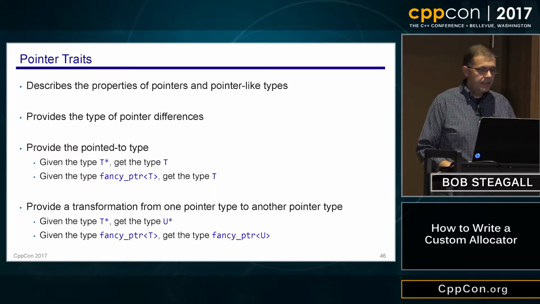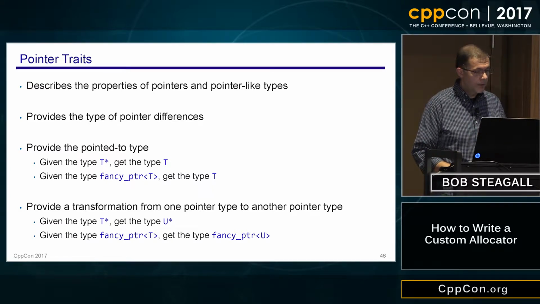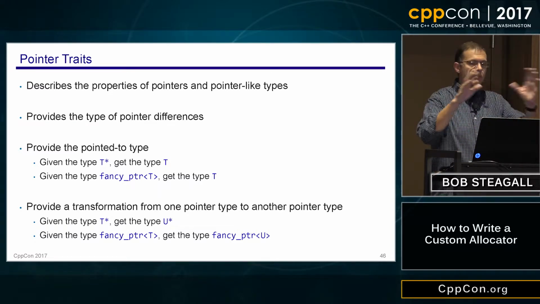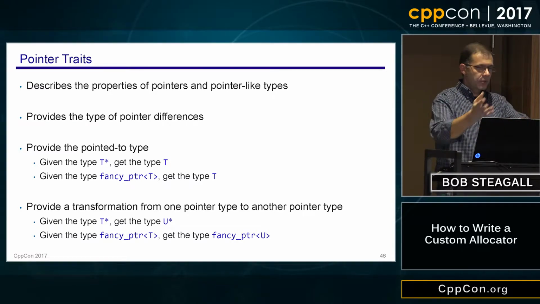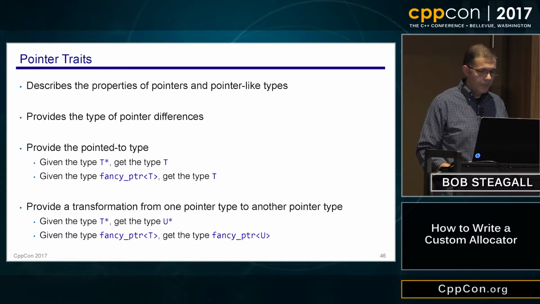So the idea, besides pointer differences, is to provide the pointed-to type. So given the type T star, give me the type T. Given the type fancy pointer of T, give me the type T.